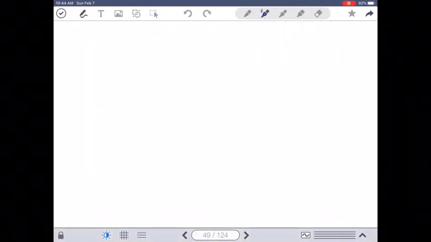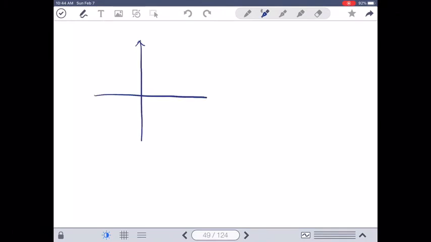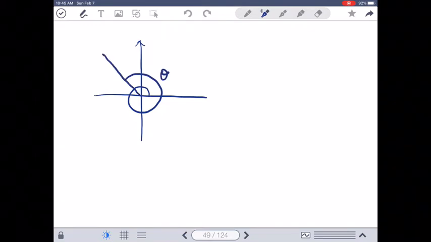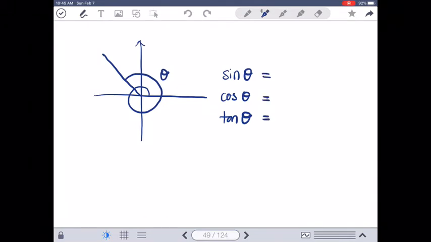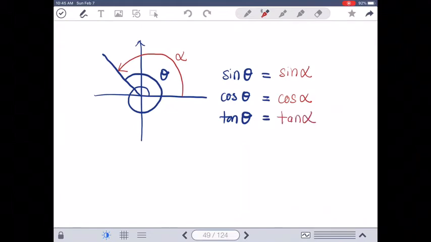Okay, and also if we have more than one round, for example, if you have an angle, this is your theta, so sine theta or cos theta or tan theta is just equals to sine lambda, cos lambda, tan lambda.